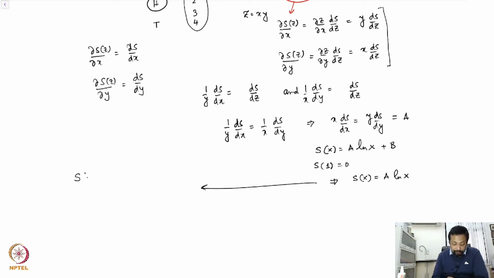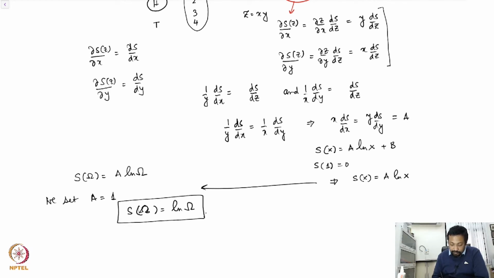Hence, our measure for this entropy becomes a ln omega. And since a is arbitrary, we set a equal to 1, so that our expression of this uncertainty becomes ln omega.